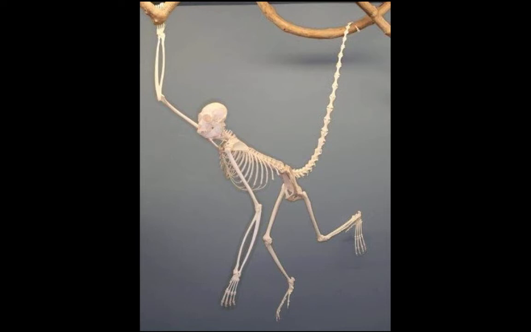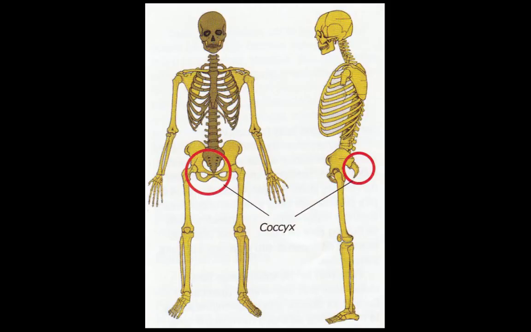And so our tail got smaller and smaller, but it hasn't yet gone all the way away. It still remains as our tailbone. Most people are not even aware that they really have a tailbone until you slip and fall and land on it, and then you end up having to sit on one of those little donuts. So this is an example of a vestigial structure that used to serve a purpose but no longer does.